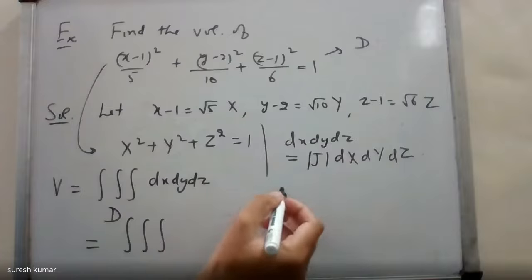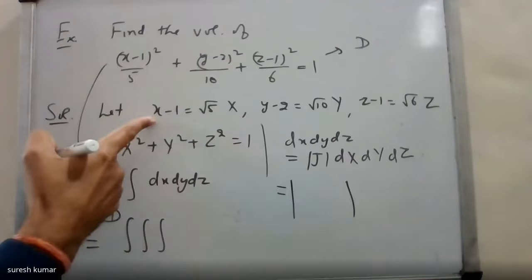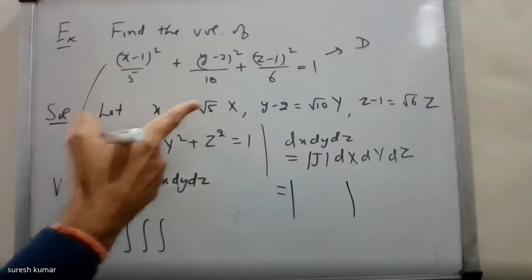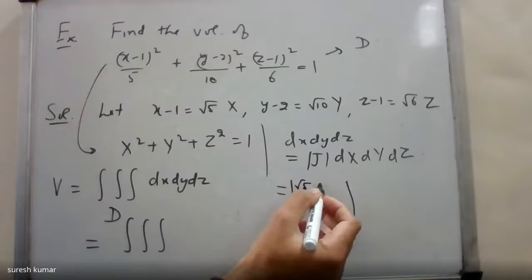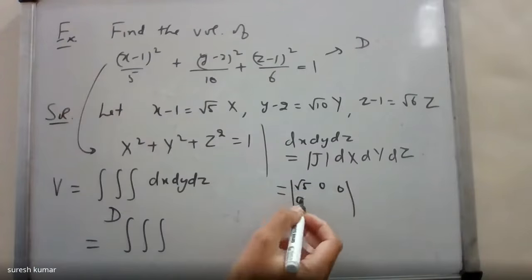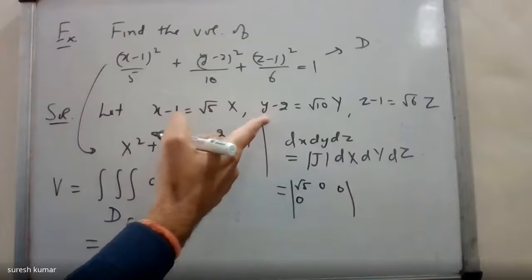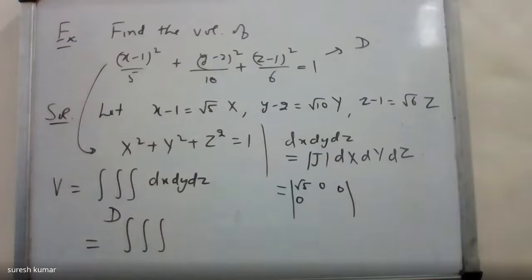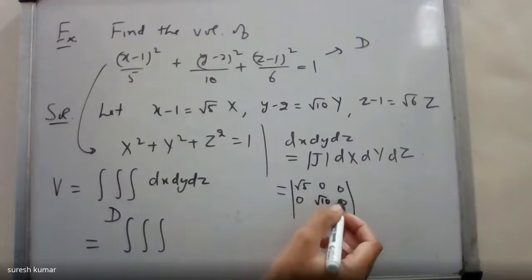It's very simple. You have to write a 3 cross 3 determinant. Write partial derivatives of x with respect to capital X, capital Y, and capital Z. What do you get? Root 5, 0, 0. Likewise, write partial derivatives of small y with respect to capital X, capital Y, and capital Z. You get 0, root 10, 0.